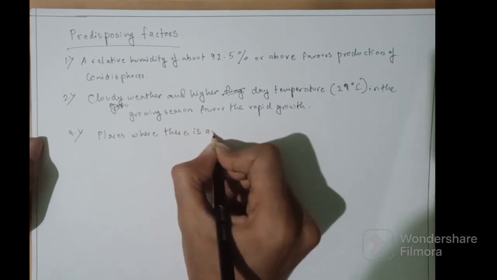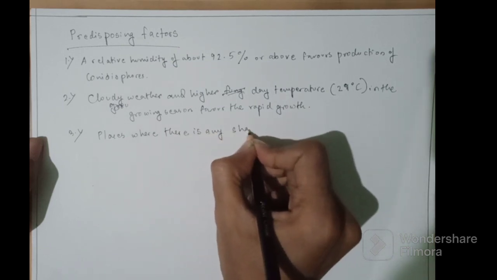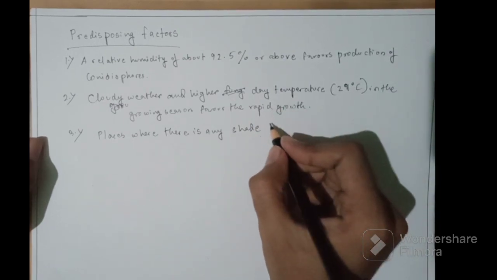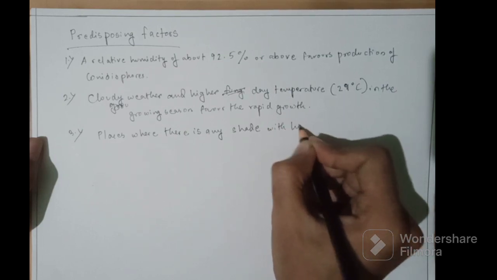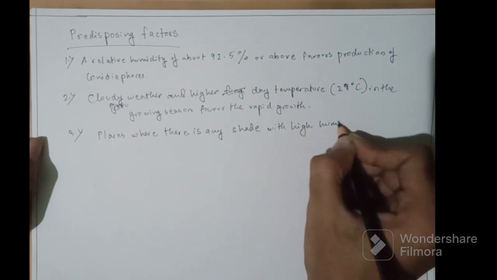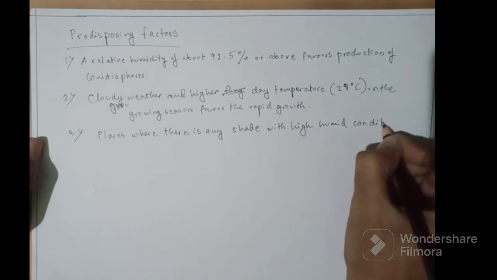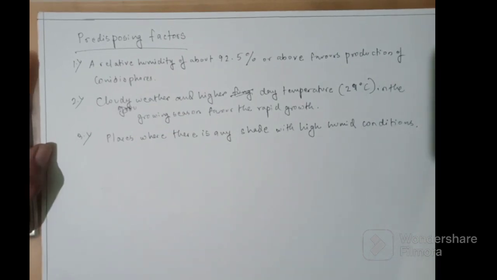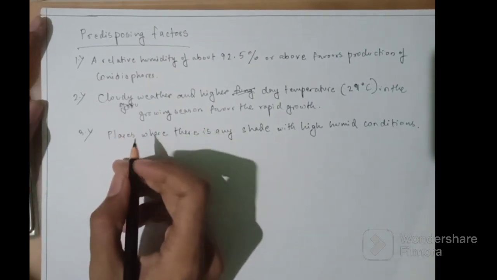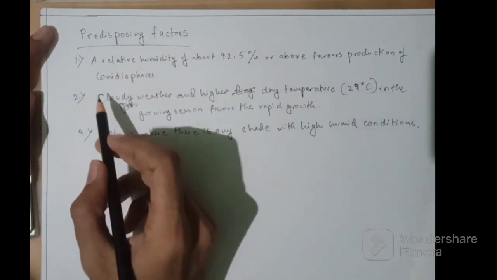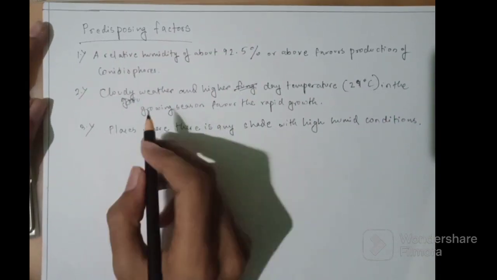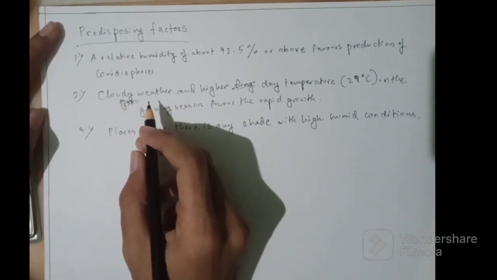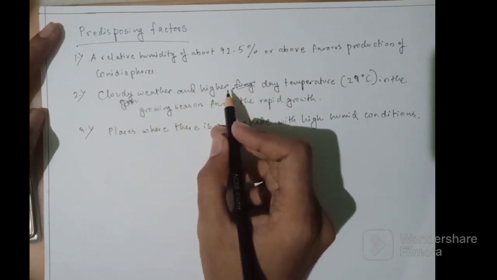If any part of the plant is devoid of direct or diffuse sunlight, maybe in a shady condition with high humidity, this can also favor the growth of fungi. So we need to keep in mind these three conditions should not be present in an area where we are planting the seed. So these can favor the growth of fungi.